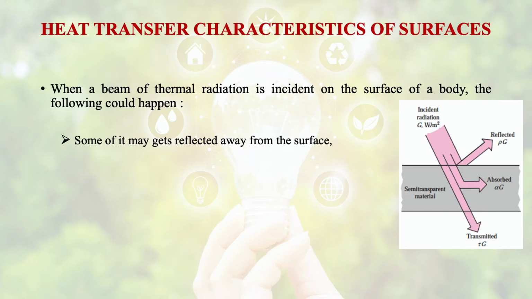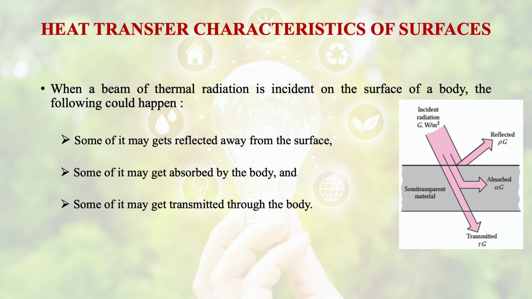Now let us see what happens when a beam of thermal radiation is incident on the surface of a body. The following could happen. Some of it may get reflected away from the surface, some of it may get absorbed by the body, and some of it may get transmitted through the body.